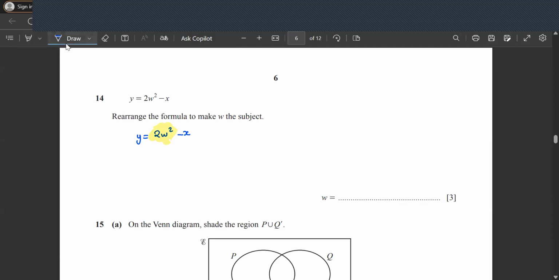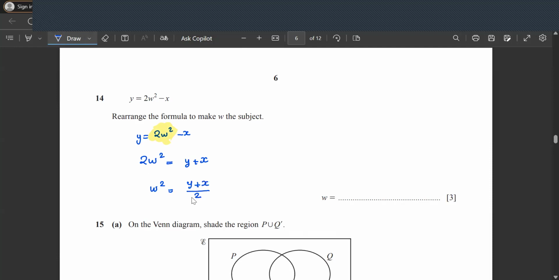So I will send the negative x to the other side by positive. So 2w squared equal y plus x. Now I will divide by 2. Okay, so w squared equal y plus x divide by 2.